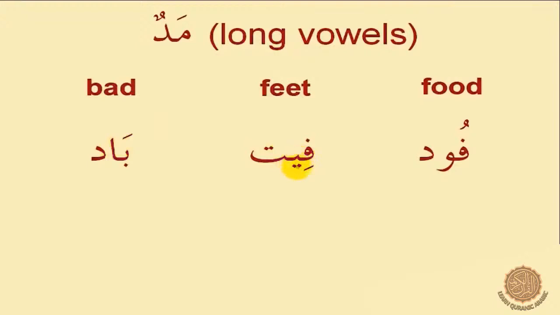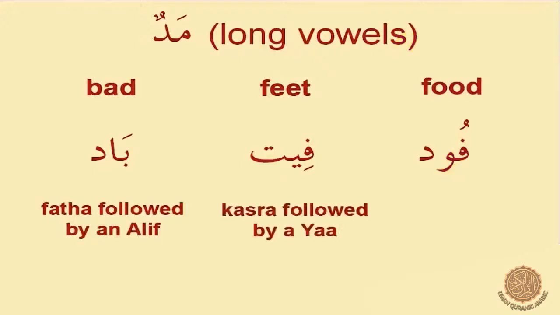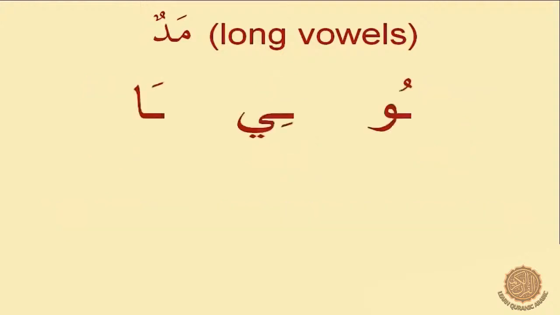So it's an E sound. And finally, we have a dhamma, followed by the waw. So it's a U sound. So we come to know that the long vowels are created in these three ways: a fatha followed by the alif, a kasra followed by a ya, and a dhamma followed by a waw. They represent the three long vowels.